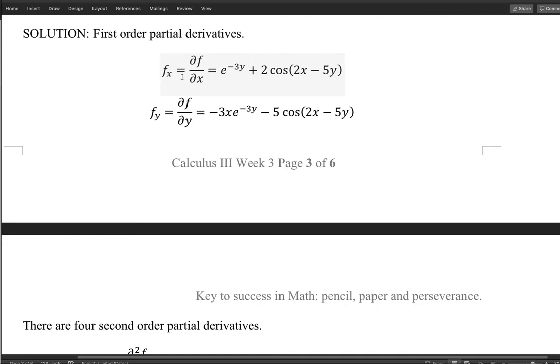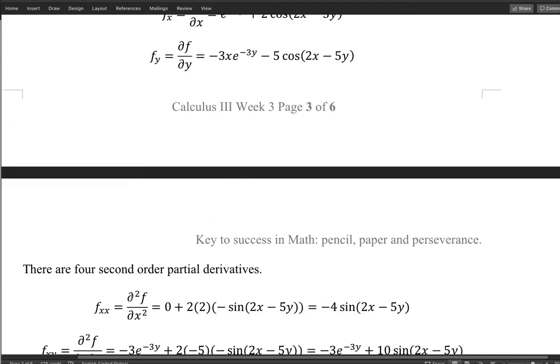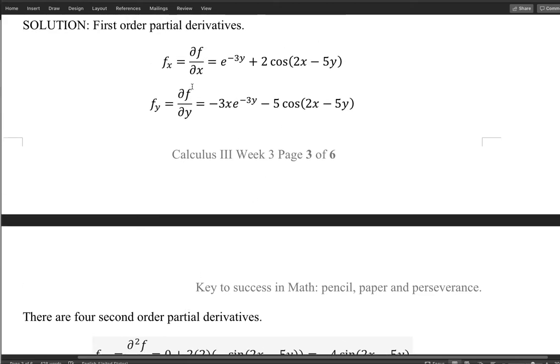Let's take a quick look at how they would look. Starting with f sub x, we can continue to calculate the partial derivative with respect to x again. It is written as fxx. Using the d dx notation, it is d2f dx2. I'm talking about this line here, the partial derivative with respect to x again.